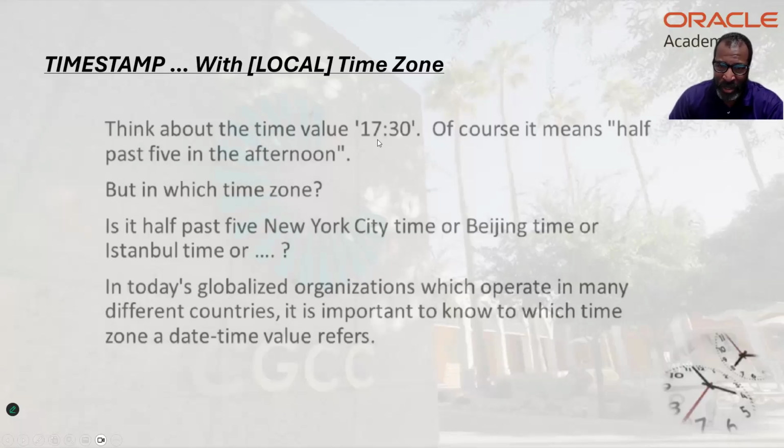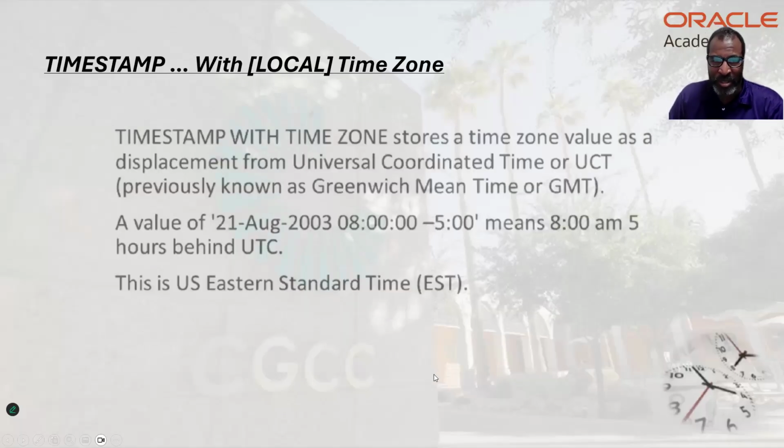Other individuals may not understand what that 1730 means, but which time zone? If it's 5:30 in New York or Beijing or Istanbul, etc. In today's globalized organization, which is a big deal now, you need to know what time it is in several different countries or regions. So you do have that capability.